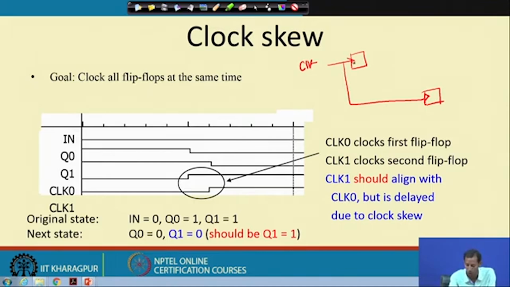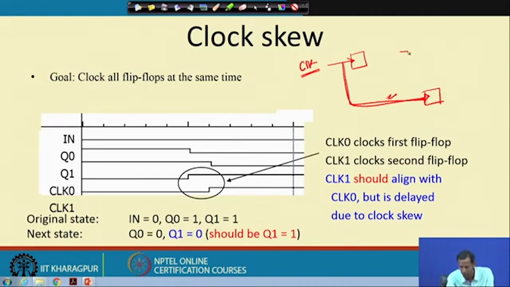The clock coming over here and the clock coming over here have a time difference. Why? Because this is a longer path that the clock signal needs to traverse, so this path contains some wire delay, and this clock will be delayed.